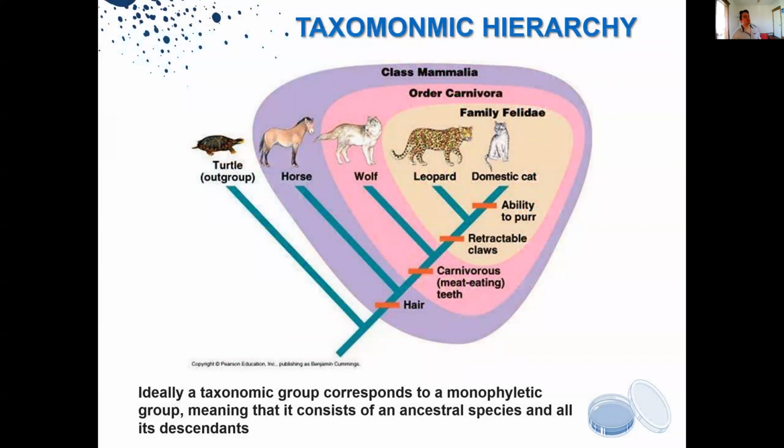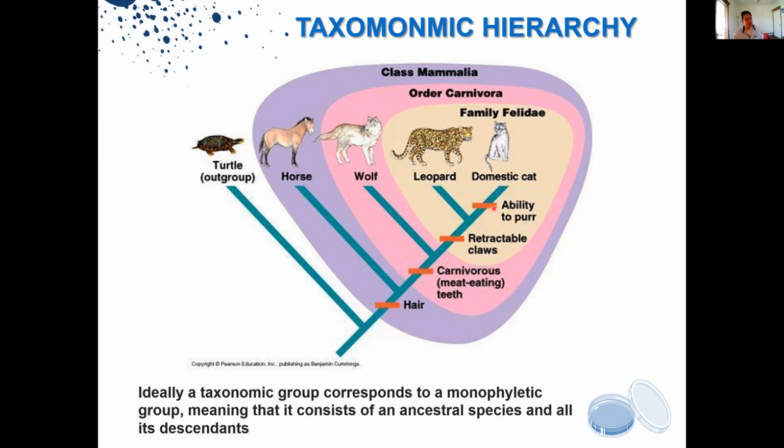Okay. Some notes about the taxonomic hierarchy that you should be aware of: ideally each taxonomic group describes a clade or a monophyletic group, meaning that it consists of an ancestral species and all of its descendants. This is the ideal scenario, because you can then notice the distinguishing characteristics for each taxonomic group. A clade or monophyletic group essentially describes a branch that includes a single common ancestor and all its descendants within a cladogram.